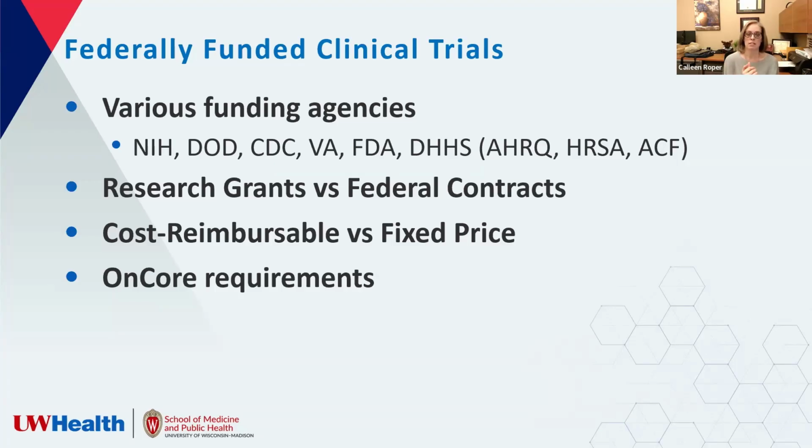You can just say at the end of the study, we had 75 participants in it. So there are different requirements with Oncore, and understanding what needs to be completed and tracked in that does depend on the type of study that you're doing.